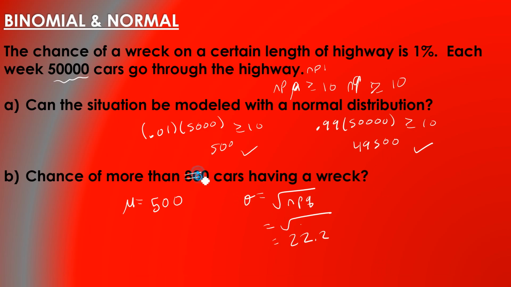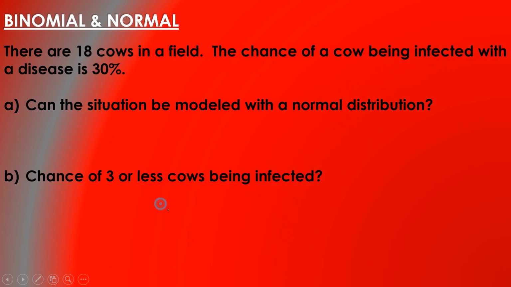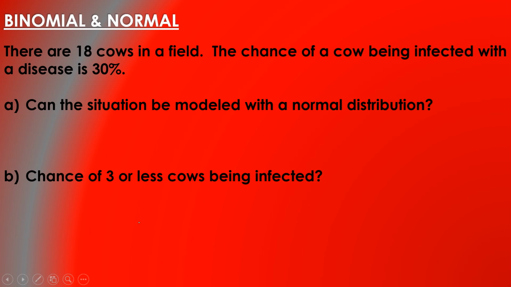So let's say more than, change this number. Let's do more than 600 cars. That'll be better, hopefully. So our mean, oh, I didn't want to clear out that. Oh boy, I'm really messing everything up. Oh, I turned off my pen, that's why.